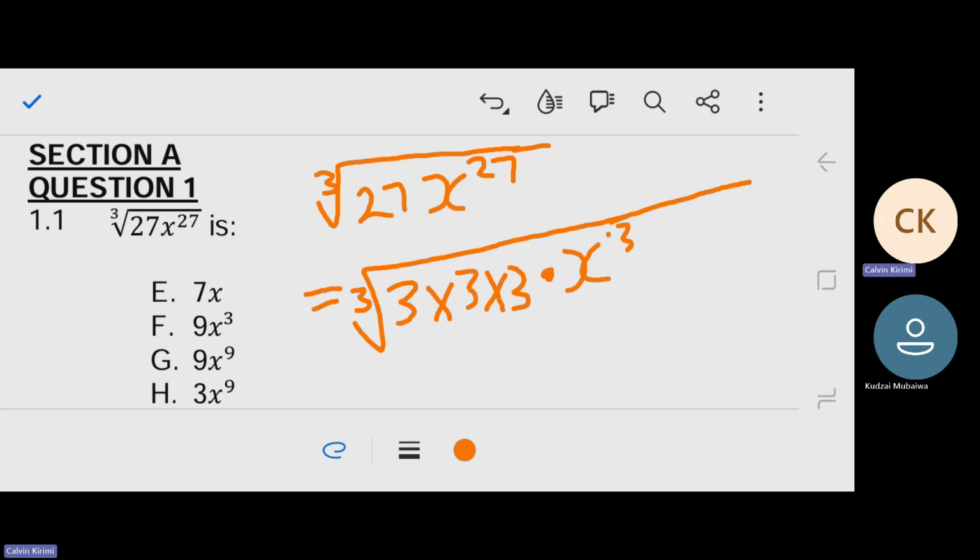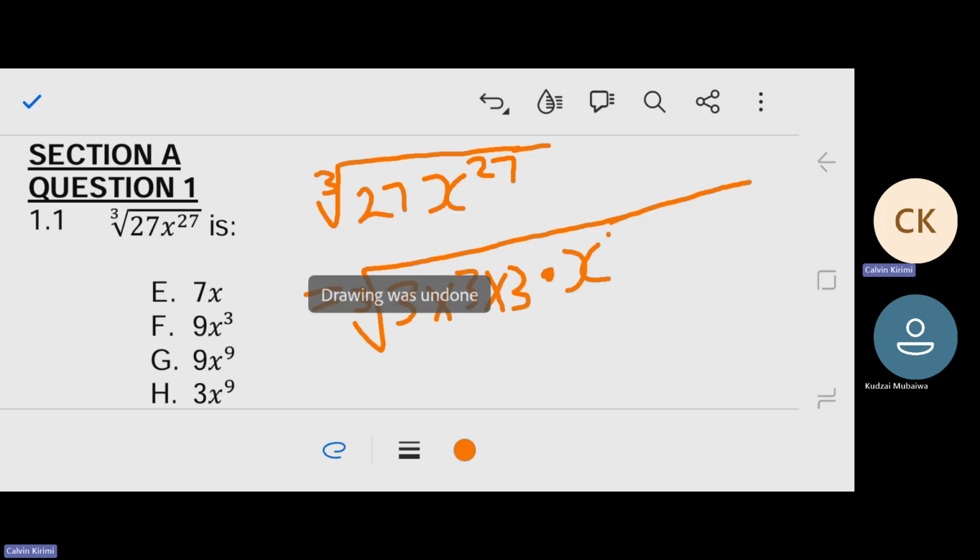So here, what must I put as the power? This one, x to the power what? What must I write inside the bracket? 3 or 9?